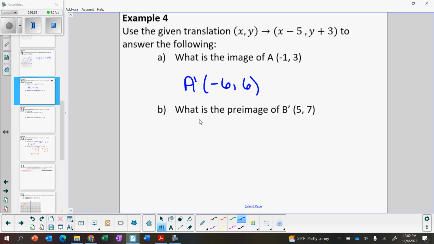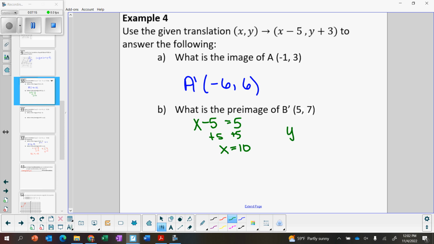But the second one asks what is the pre-image of B prime. So they're giving us the result after we've already done this, which means that x minus 5 gave us a result of 5, which means x was originally 10.